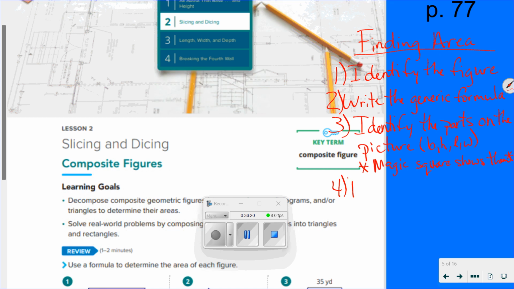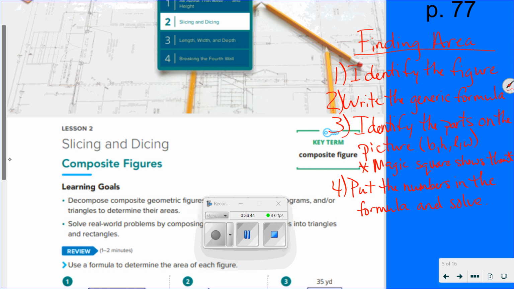Okay? Step 4, if you've done step 2 and 3, step 4 is very easy. Put the numbers in the formula. And solve. So you've written the generic formula. You've identified all of the parts on your picture.